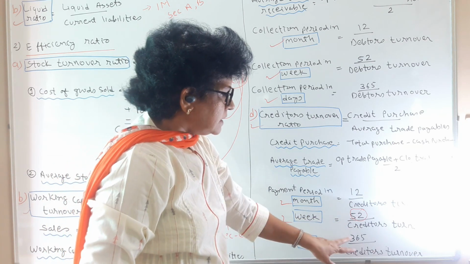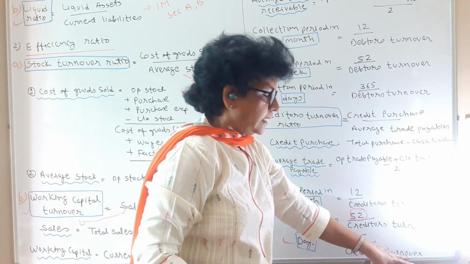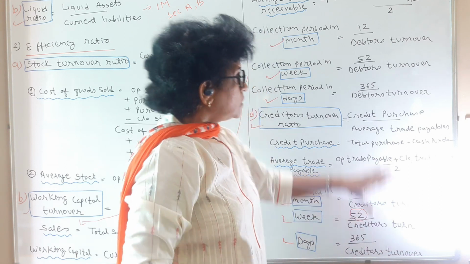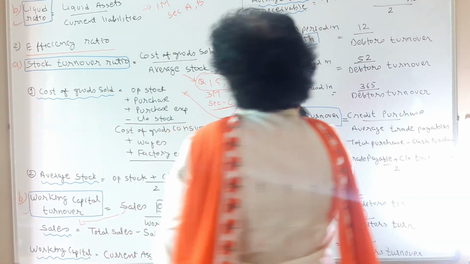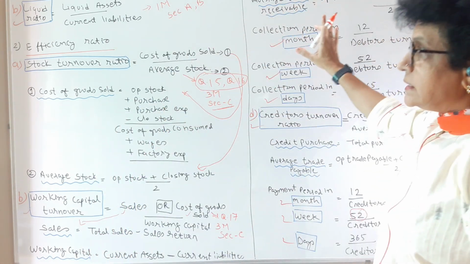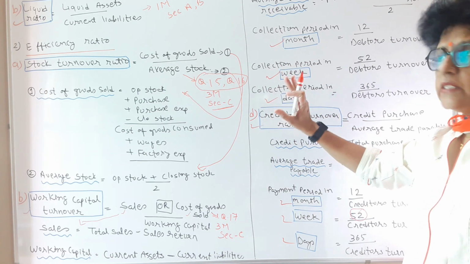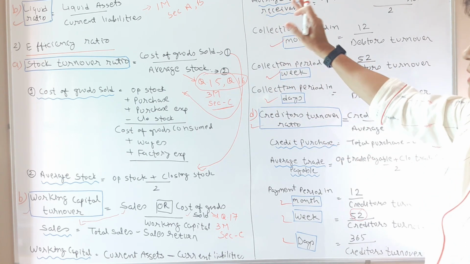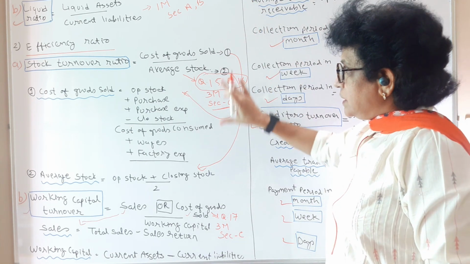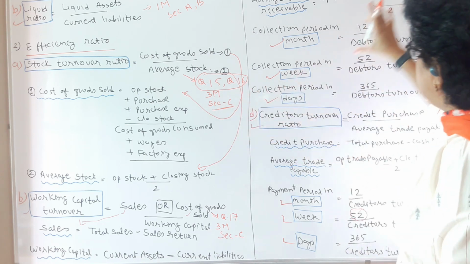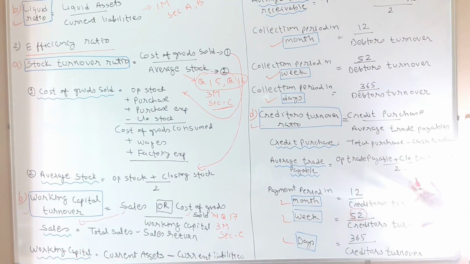And for days, 365 upon creditors turnover. So all these formulas we have done at a glance, and with this the whole chapter, and the question may come in A section, or in your section C or D. For the creditors turnover, textbook question number 19, that is 4 marks for the D section.